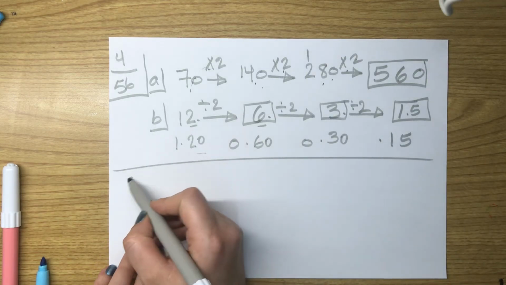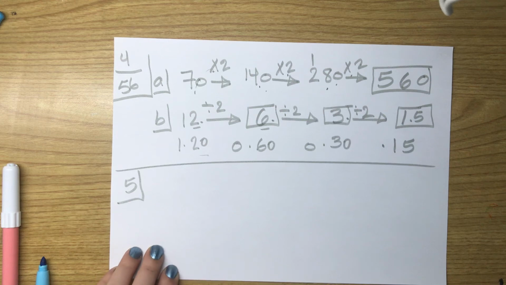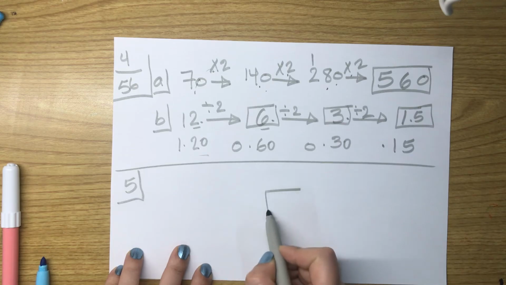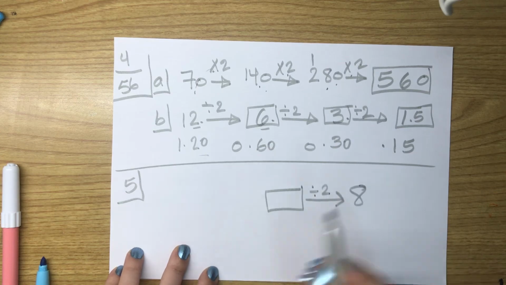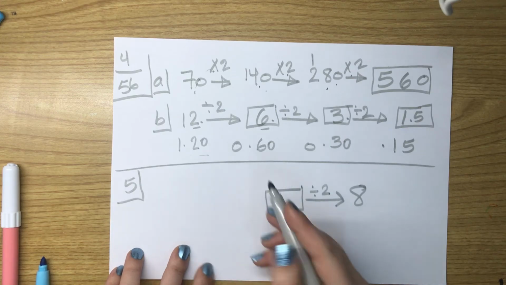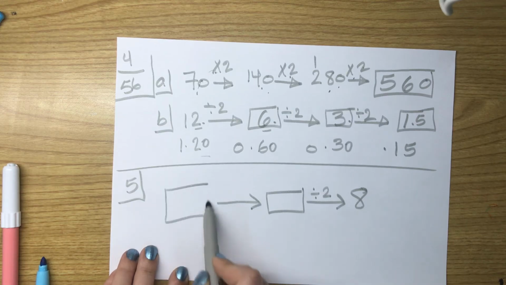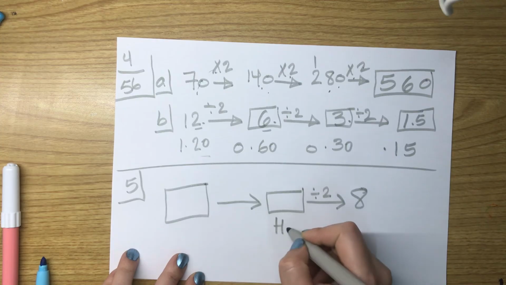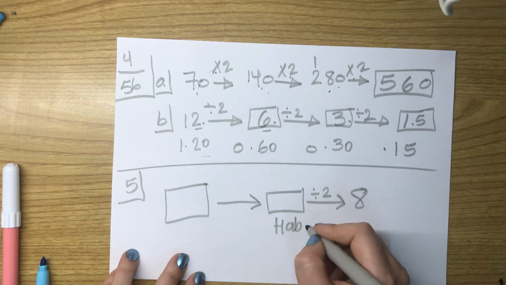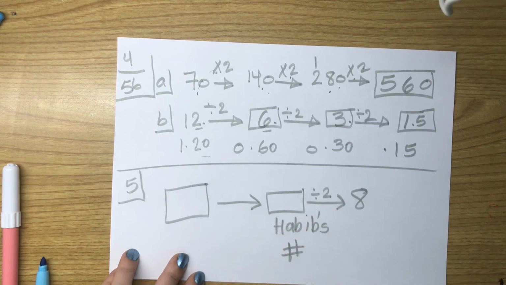Question number 5. It says Habib is thinking of a number. He said that half of my number is 8. So that's Habib's number: when he divided it by 2, it was 8. What is the double of Habib's number? That means we want this number, Habib's original number.